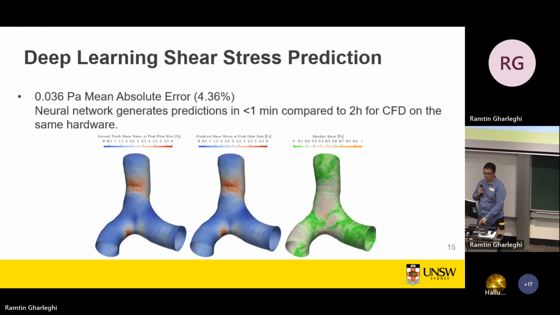And this 4.3% figure mentioned is after remapping everything back to an actual bifurcation. So despite any additional error introduced, it still performs reasonably well.